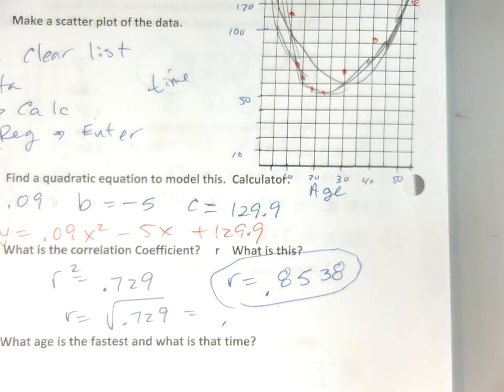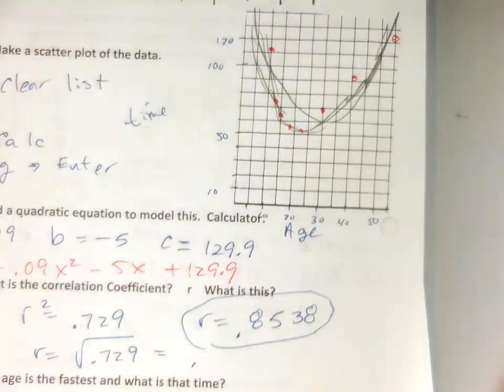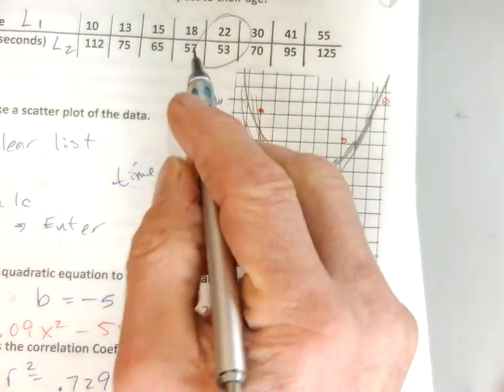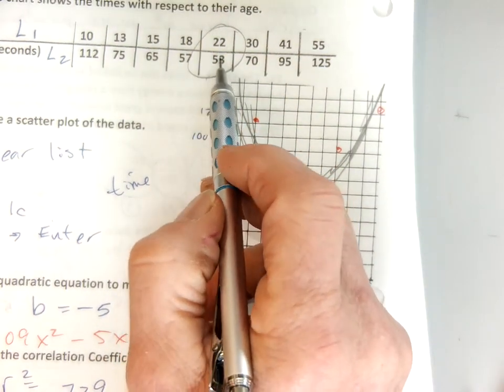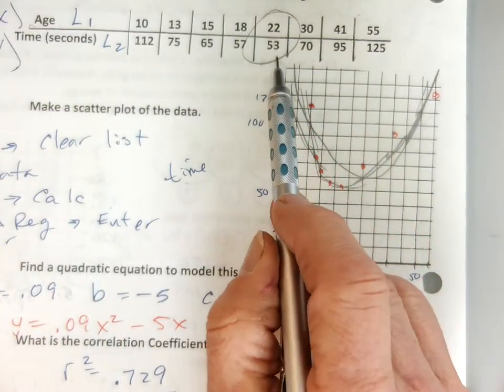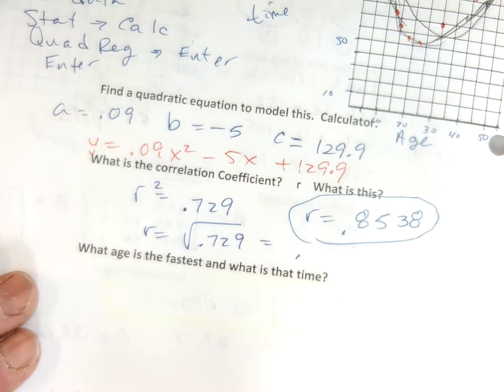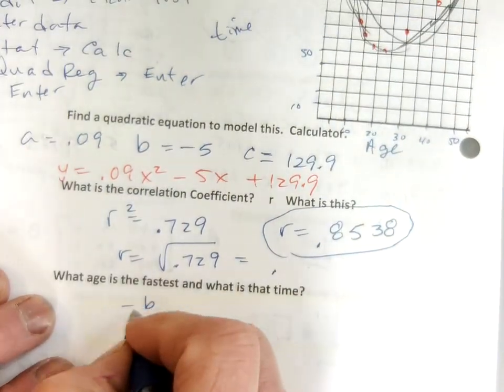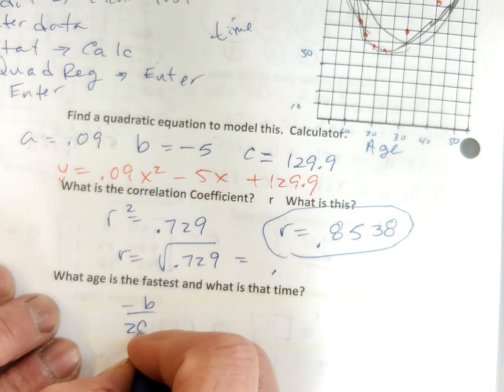Okay, then finally, well, the fastest age according to my data sure looks like the 22-year-old's fastest. You guys agree? Oh, yeah. Right? 22-year-old looks like the fastest age. But if we take our model, let's see what our model says. So we'll use our negative b over 2a, right?